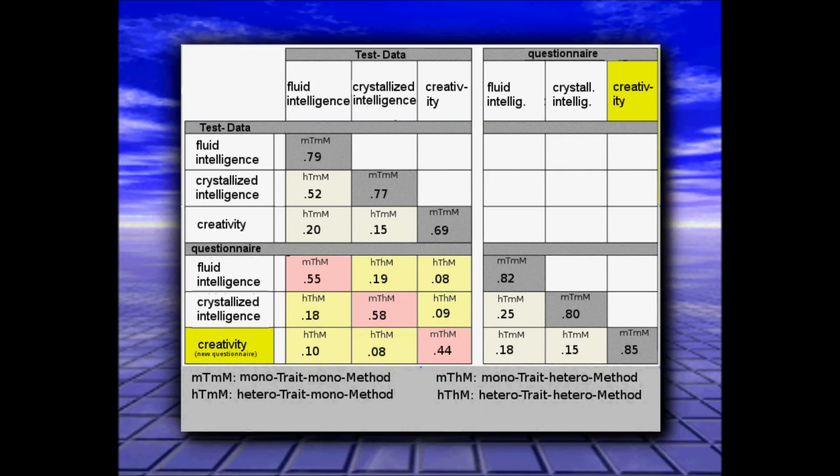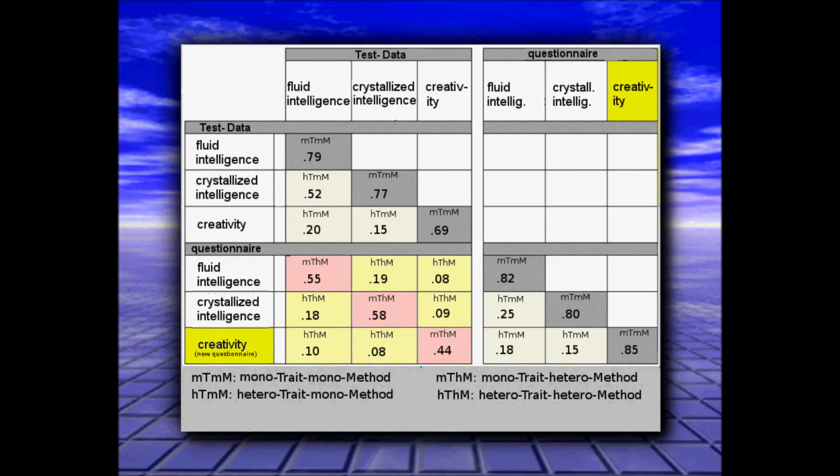You usually find such correlations for fluid intelligence and crystalline intelligence if they are measured with a test, which is not surprising because fluid intelligence and crystalline intelligence are part of a bigger construct, which is global intelligence. So as facets of one and the same construct, they of course have to correlate with each other.